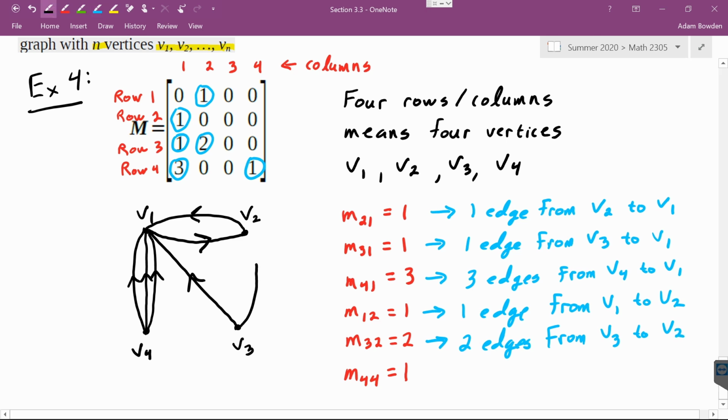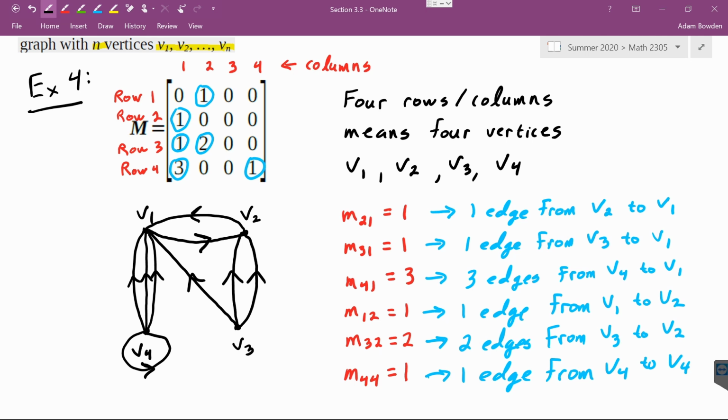So we'll start from V3 and draw 2 edges over to V2. And then lastly, we can have one edge that goes from V4 and loops back around to V4. So once I draw that, now we're done. We've drawn all the different edges as numbered in our adjacency matrix.